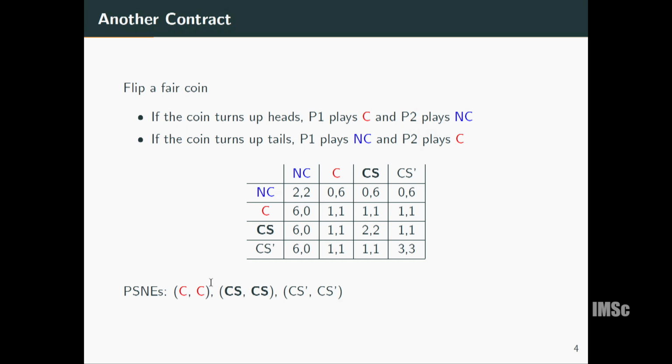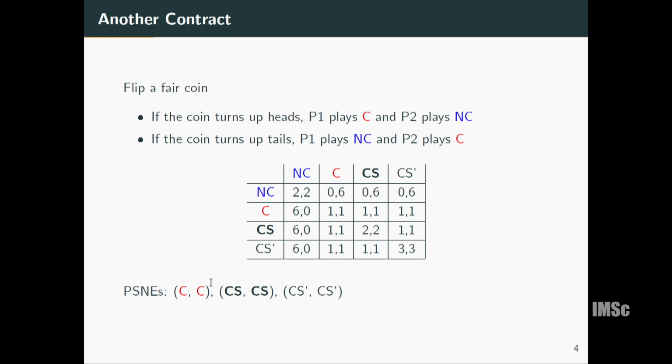Is it true in general that if there is a duplicate game with one PSNE, no matter what column we add, the PSNE remains a PSNE? I don't think that will happen. Here we are adding the column by increasing the values, but you can always come up with another column which changes the PSNE.